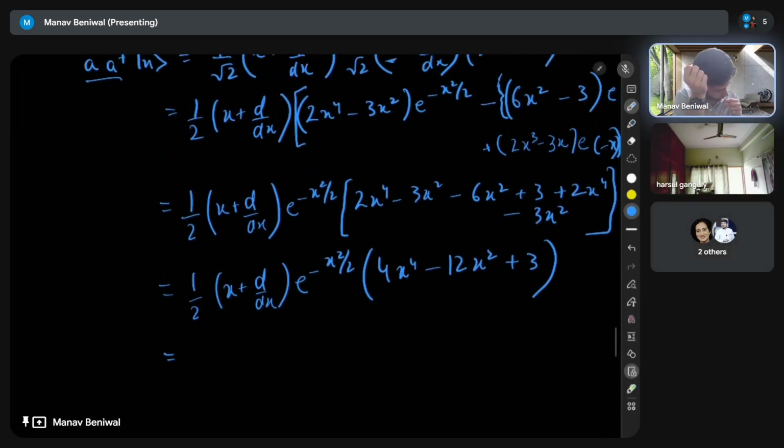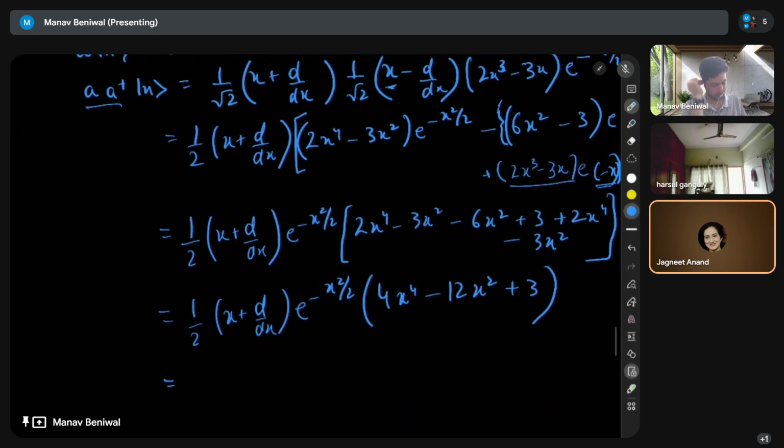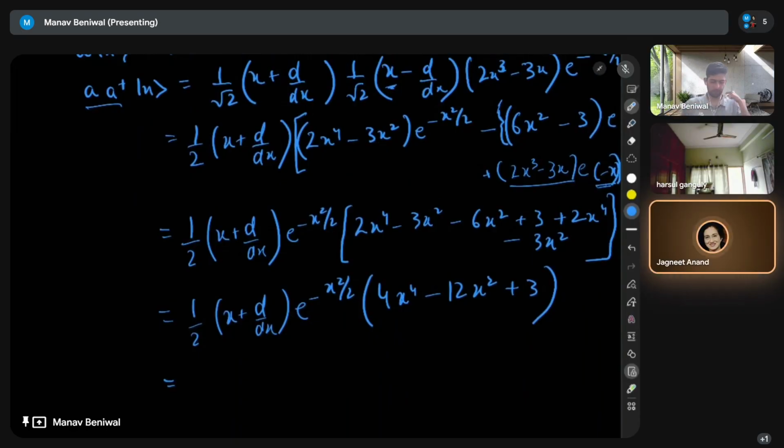No, no, no. See, we also have this minus x here, so that will multiply with this thing, so we'll not have any x term, so this will give us x squared, right? When we are differentiating 6x squared minus 3, that should be 6x. Okay, sorry. I think this is correct. Yes, this is correct.